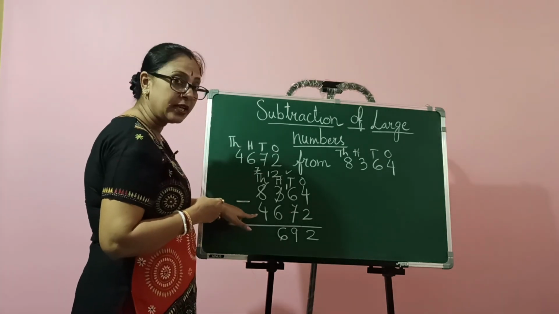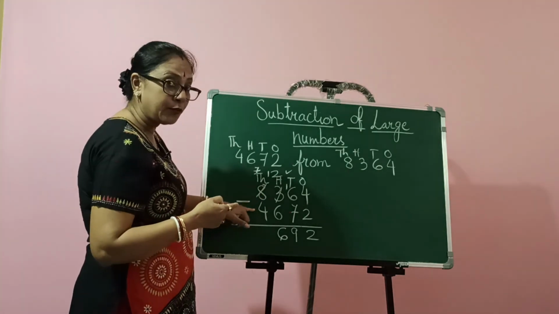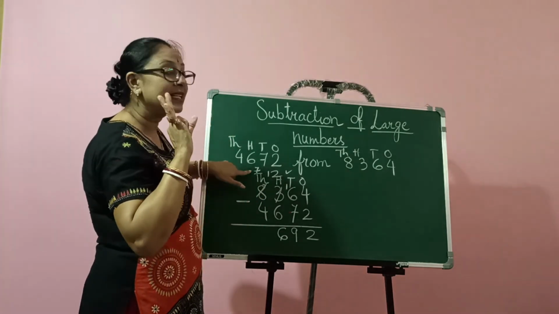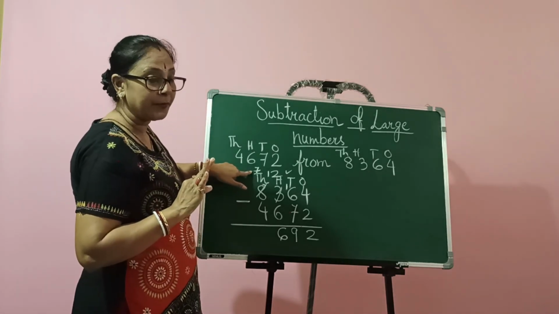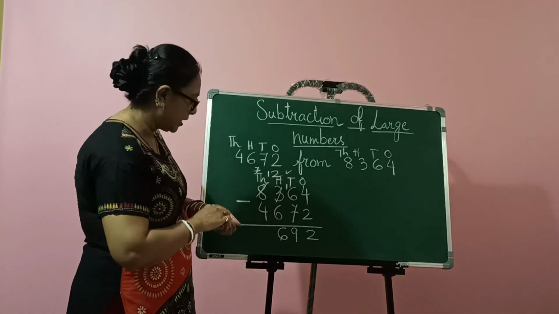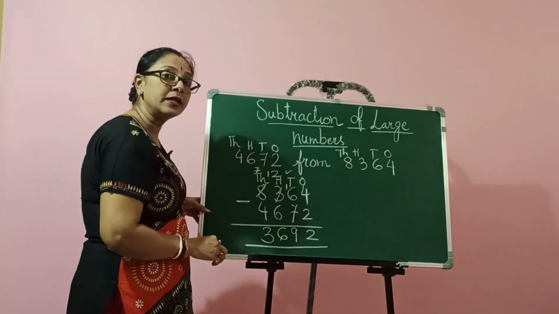So start counting just after the smaller number. The smaller number is 4. So what comes after 4? 5, 6, 7. Stop when you get the larger number. So we have stopped at 7 and we get 3. So we write 3 here. So this is our difference.